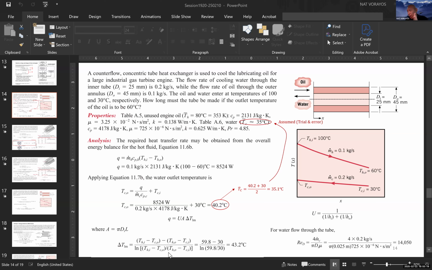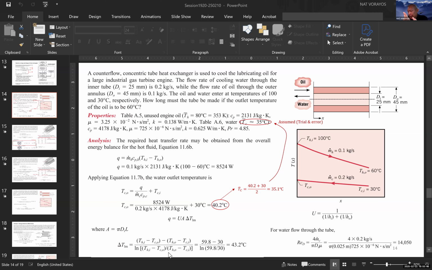If you know the inlet temperature and the exit temperature of one fluid, and only the inlet or exit of the other fluid, just one of them, you don't have to know the second pair of temperatures. Just the first pair is fine.